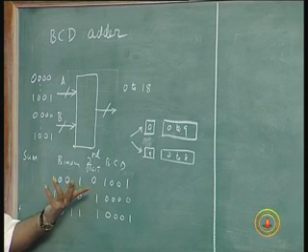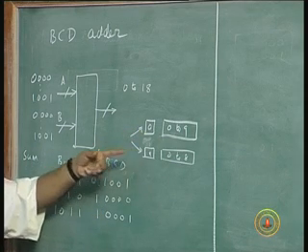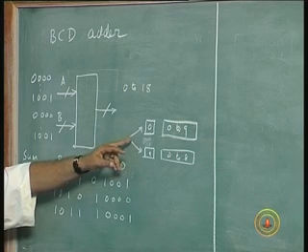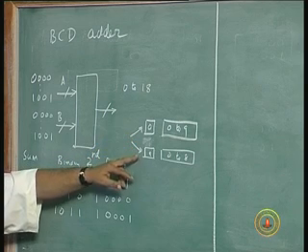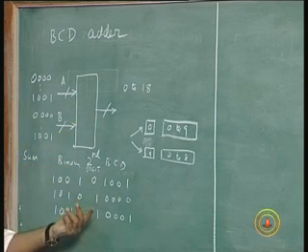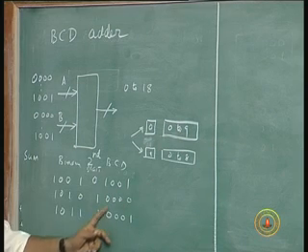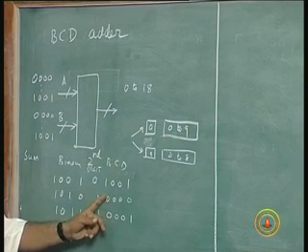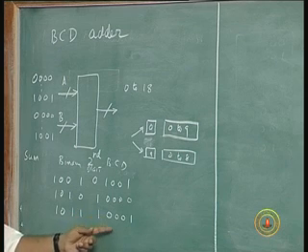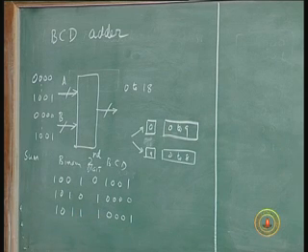So a simple LED can glow for numbers 10 to 18 and not glow for numbers 0 to 9, but this number I have to modify from 1010 to 0000, 1011 to 0001, and that can be done by adding a 6 to that.